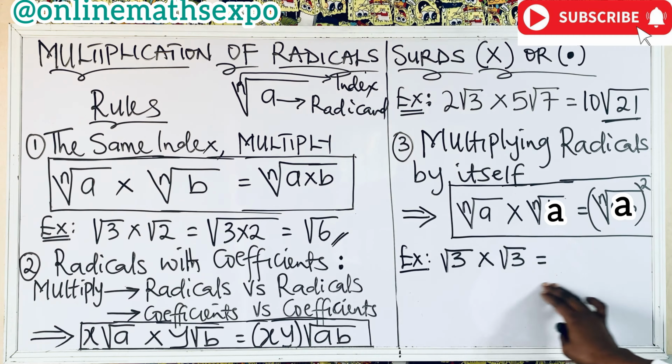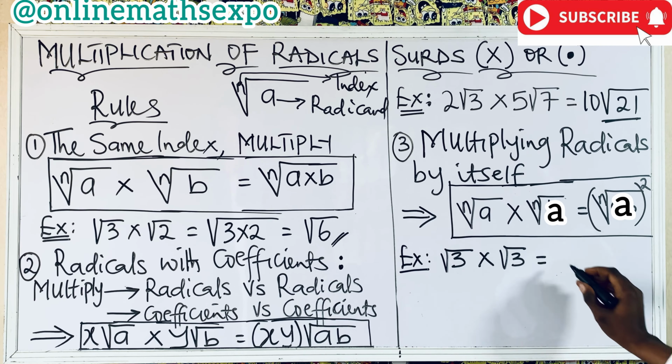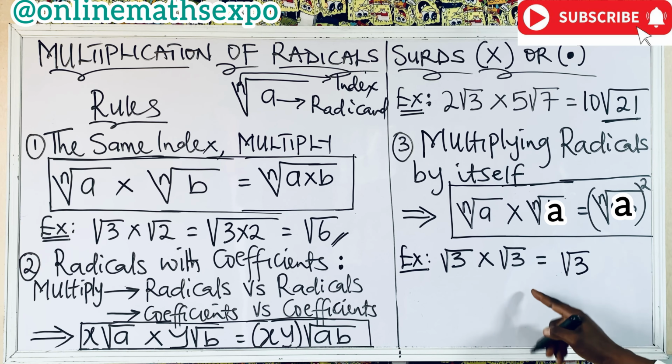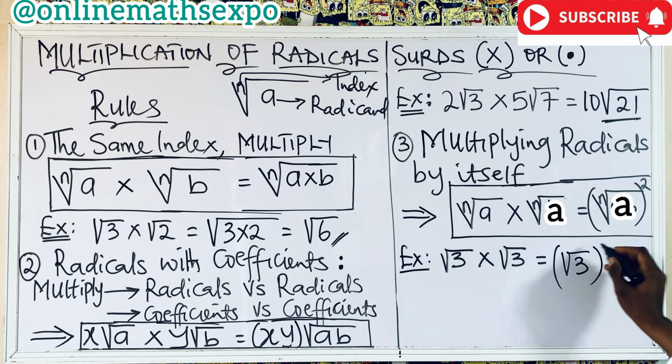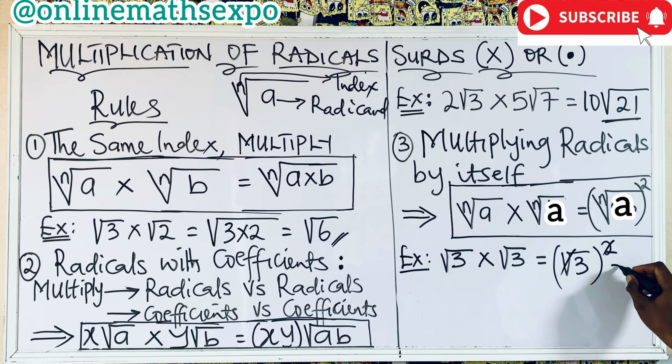So in this case, let's look at this example. You notice that this is the same as this. So what you simply do is take one of these, and because they are 2, you raise it to the power of 2. So you notice these 2 now cancel the square root. Remember we said this is the square root. And when it does that, you are going to have 3 as an answer.